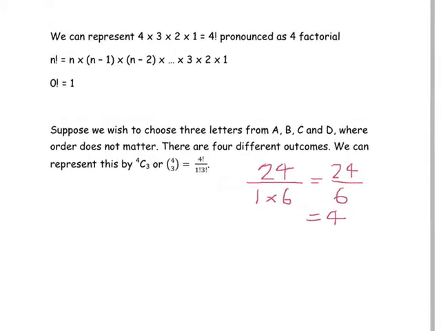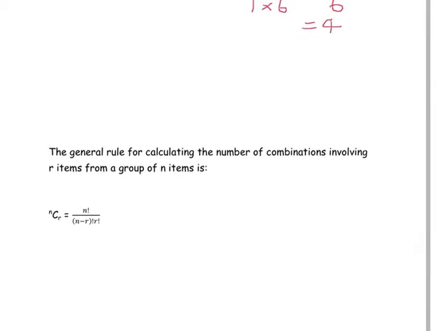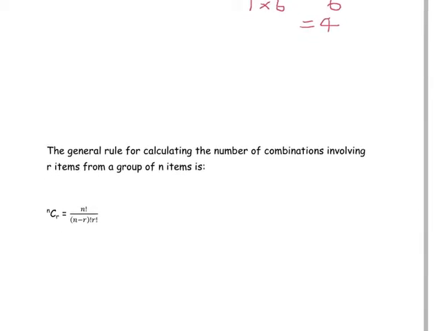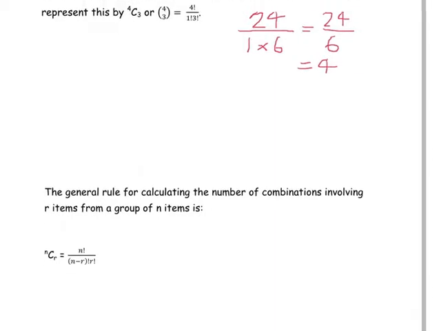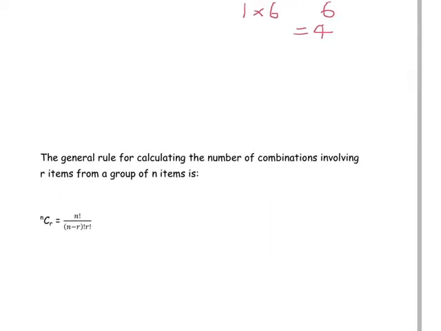So what is a general rule for calculating the number of combinations is shown here. So r items from a group of n items. So in the one we've just looked at, we wanted 3 items from a group of a possible 4 items. Well, this is the rule for it. So the n is the total number of items that we have available, and the r is the number of items we're looking to pick out.